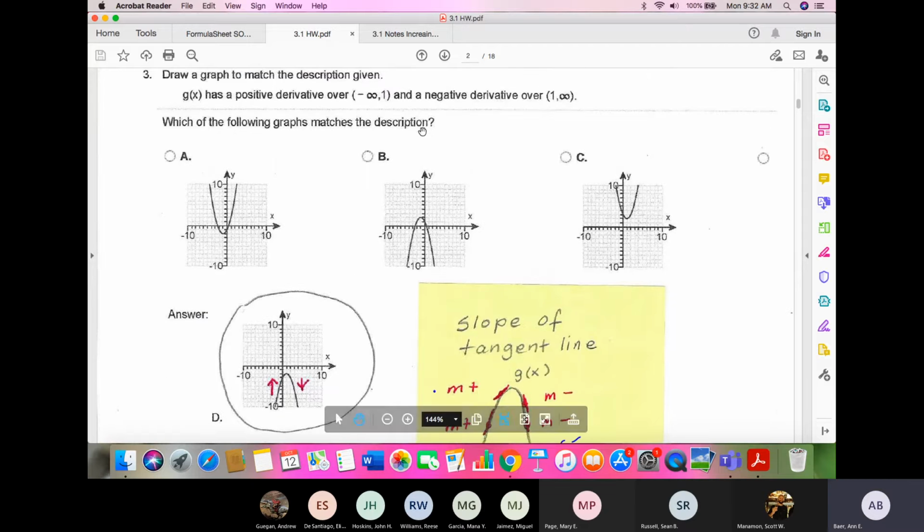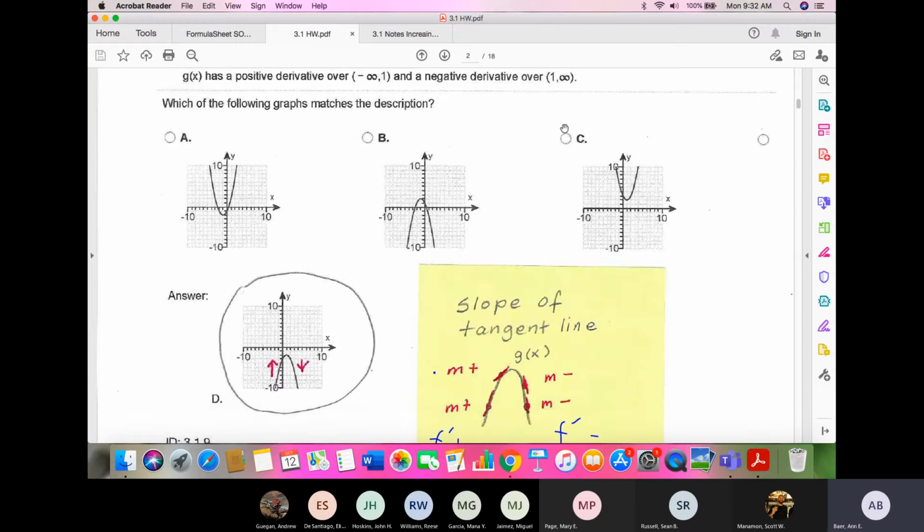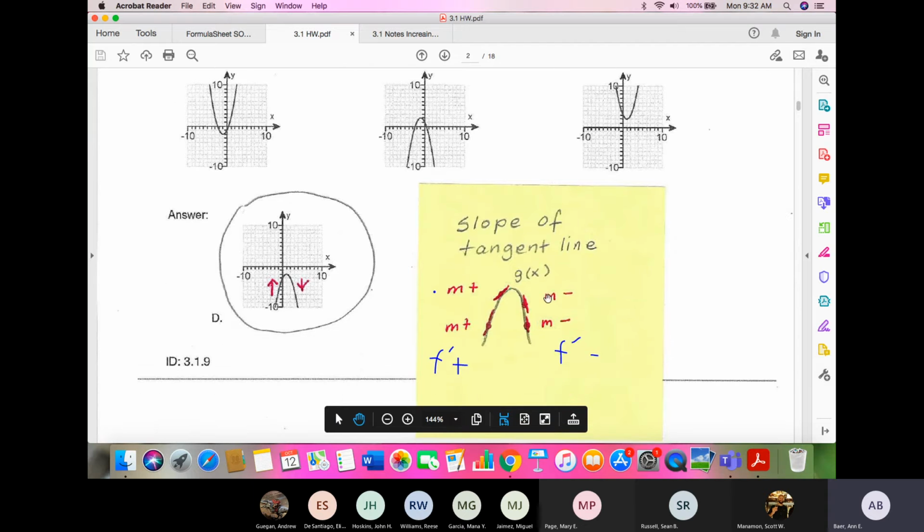And then here, a negative derivative over 1 to infinity. Negative derivative on this side, 1 to infinity. That's where those derivatives are negative. So this is the graph that we wanted to choose. Any questions on this?